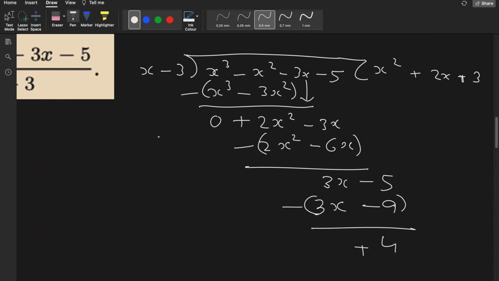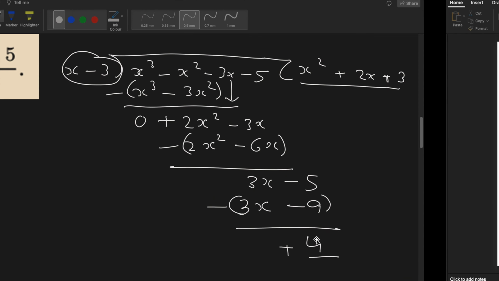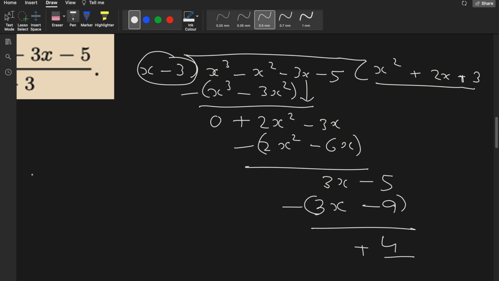In this scenario, this is the divisor, this is the polynomial or p of x, this is the quotient, and this is the remainder. This may seem confusing, but after a few examples, it will be much more clear. Let's write p of x in this form. q of x, which is the quotient, is x squared plus 2x plus 3 into x minus 3 plus the remainder.